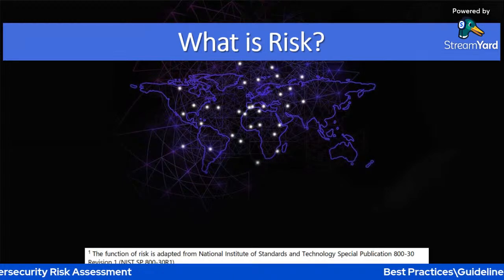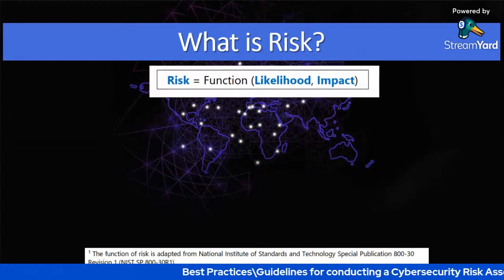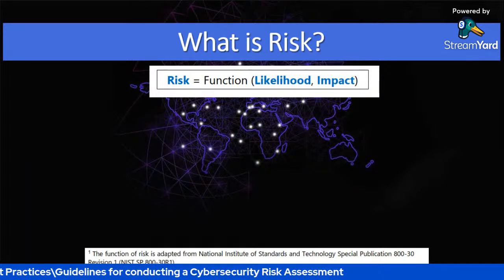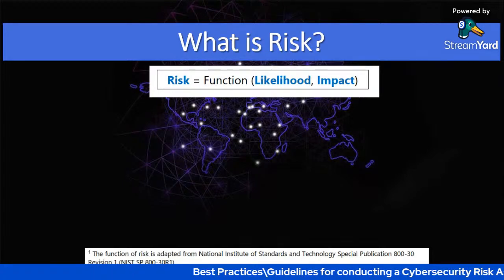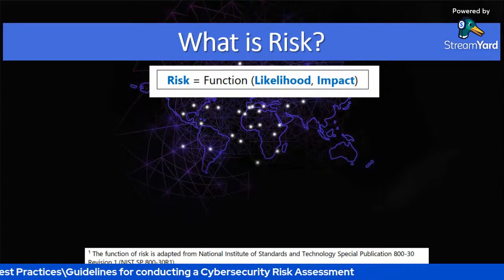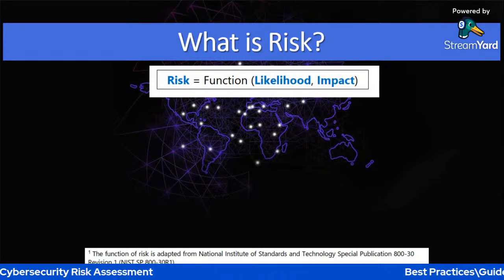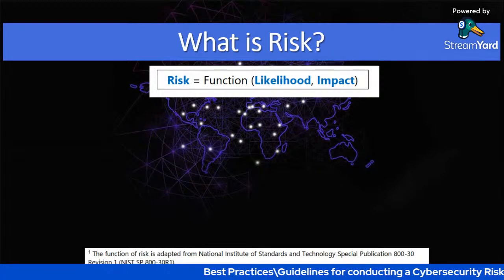so according to the NIST SP 800, risk is defined as a function of the likelihood of a given threat event exercising on a vulnerability of an asset, and secondly, the resulting impact of the occurrence of the threat event.